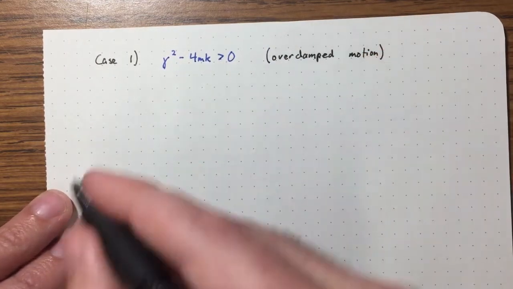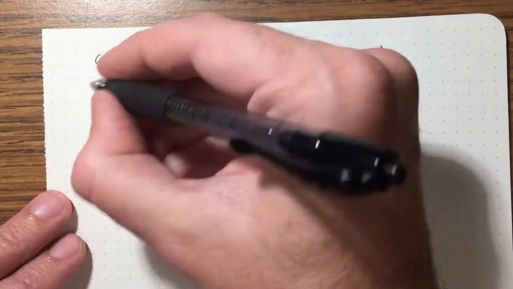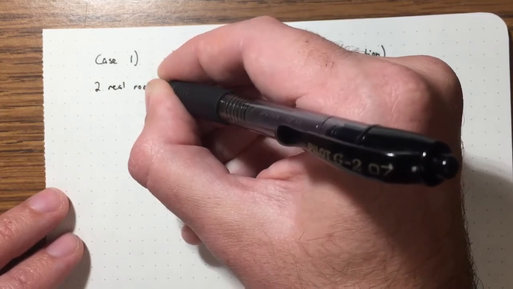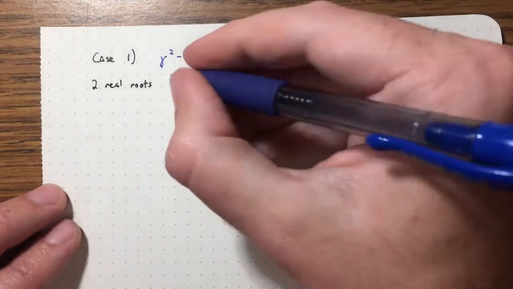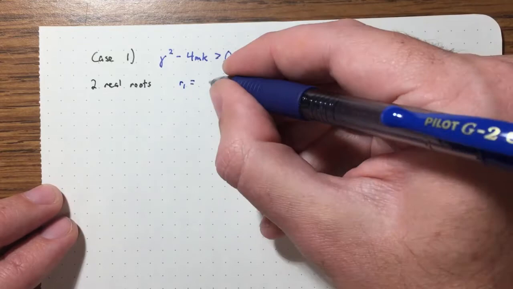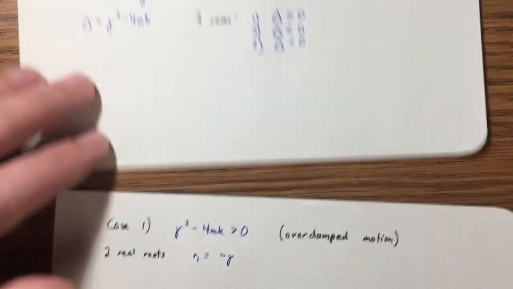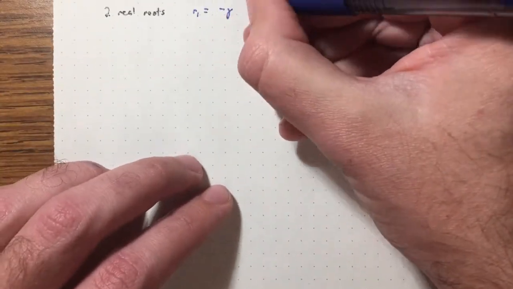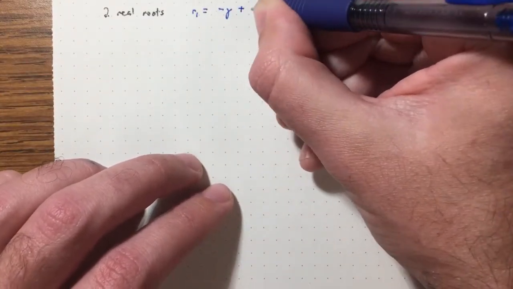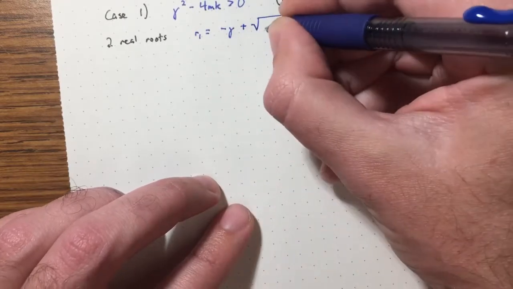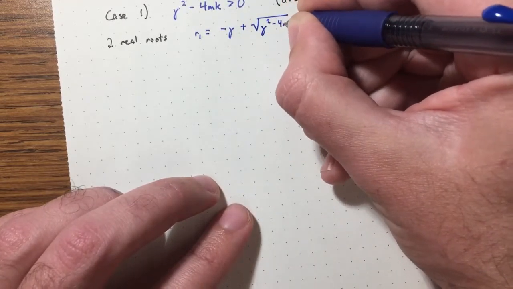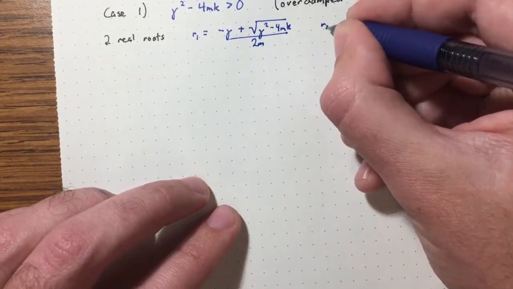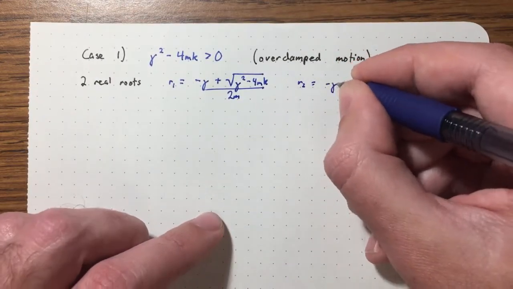All right, so we have our discriminant positive, which means we have two real roots of the characteristic polynomial. And what are those roots? Well, the first one is just these two right here, and we know they're real. So we have negative gamma plus the square root of gamma squared minus 4mk over 2m. And then our second root will be the same thing, but with a minus sign here.